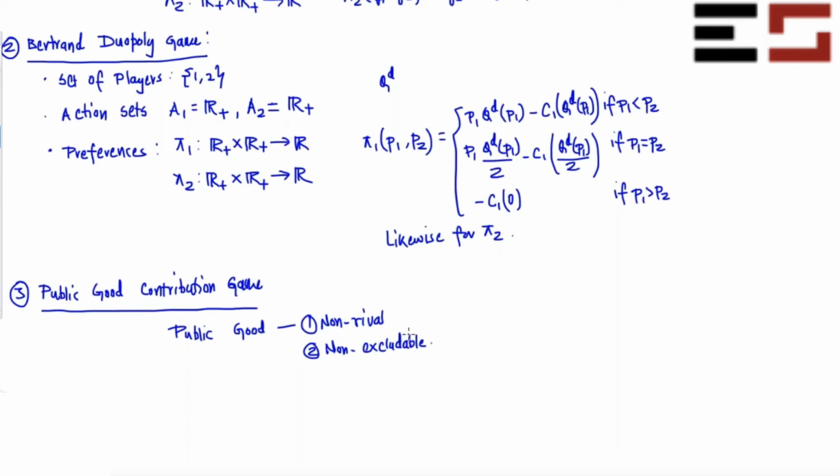Okay, so let me also talk about non-excludable. Non-excludable is basically when you cannot exclude someone from consuming something. Again, you can imagine defense services: if the government decides to spend more on defense, then it cannot exclude any one person who is living inside the country from getting the benefits of those services.